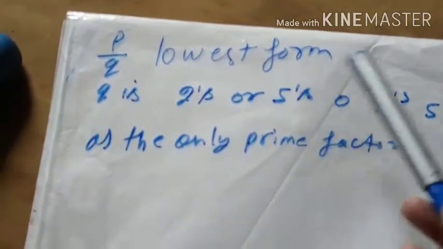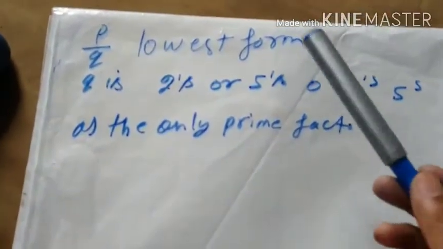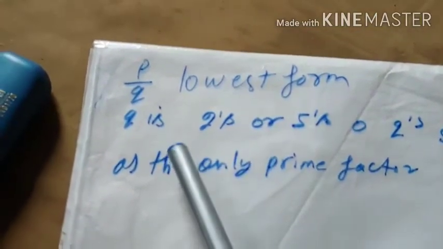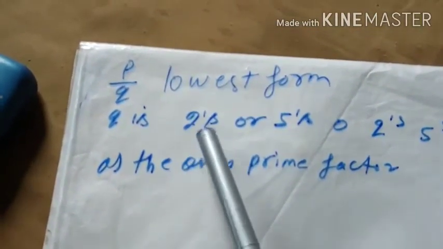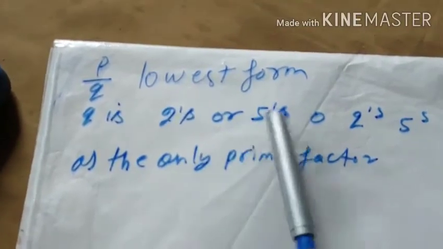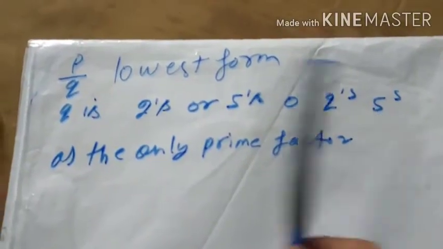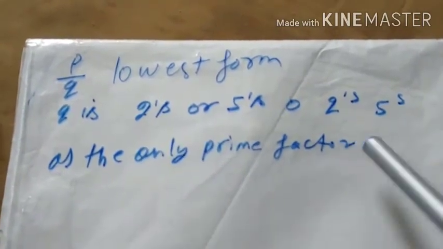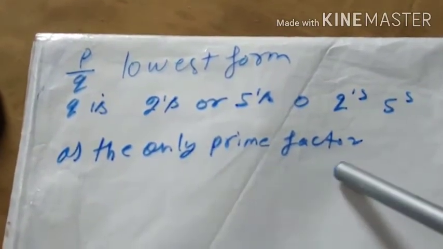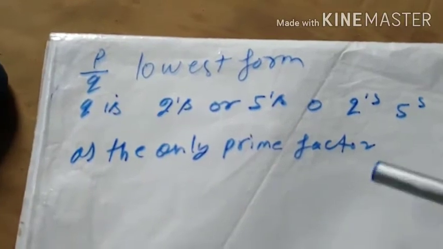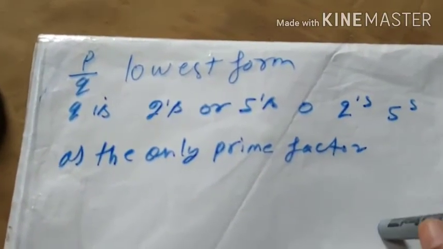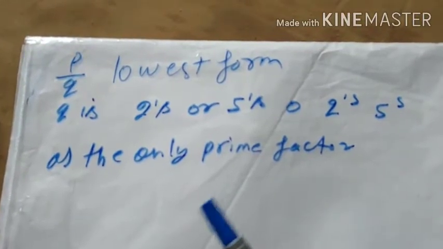And when this type of factor is not there, meaning q does not have 2s or 5s, or a combination of 2s and 5s as the only prime factor, and another prime factor is there, then this will not be terminating.